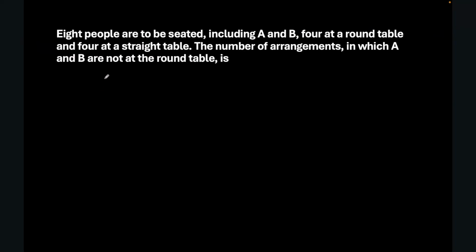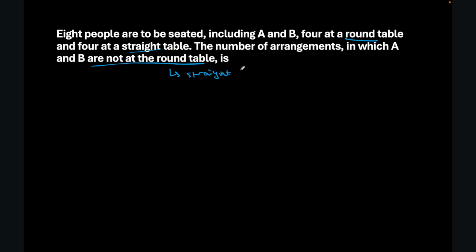Okay, so in this next question we have 8 people to be seated, including A and B. Now we have to find the number of arrangements in which A and B are not at the round table. If they're not at the round table, that means they're at the straight table.